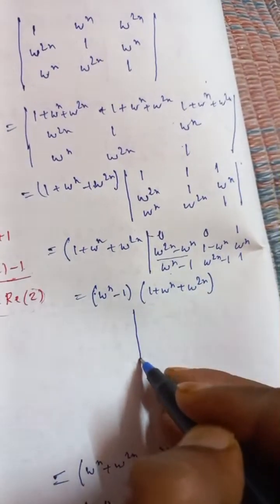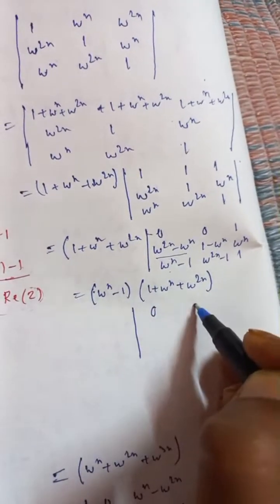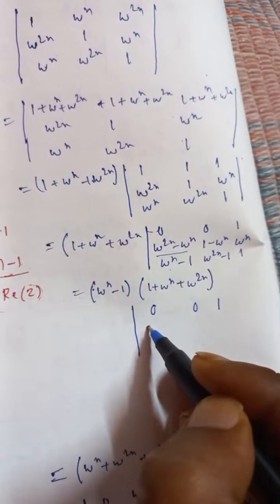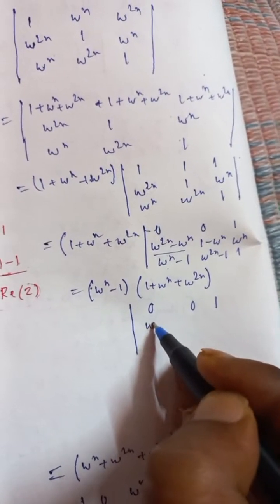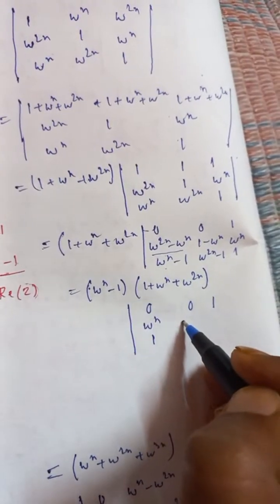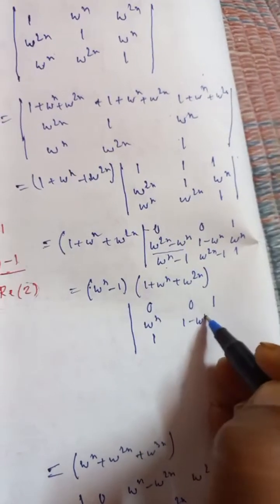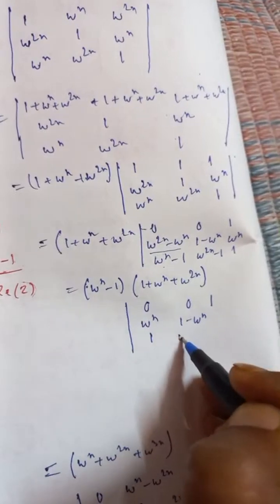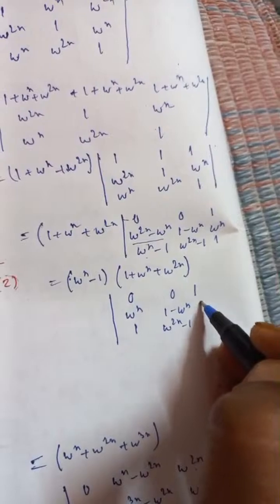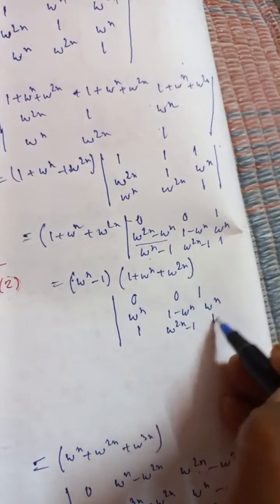The determinant form will be 0 0 1, omega n 1, minus omega n, omega to the power 2n minus 1, omega to the power n 1.